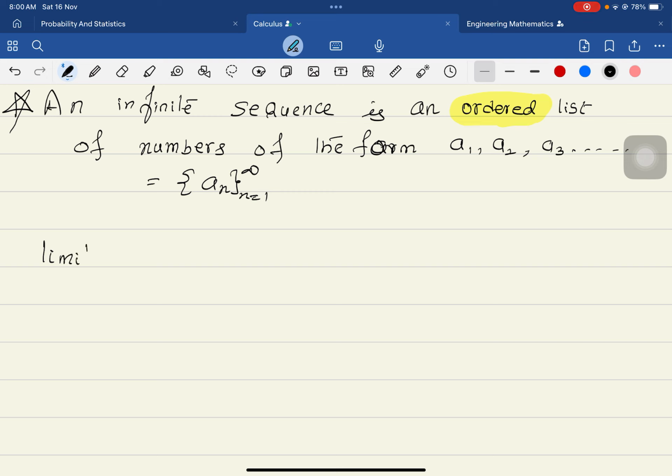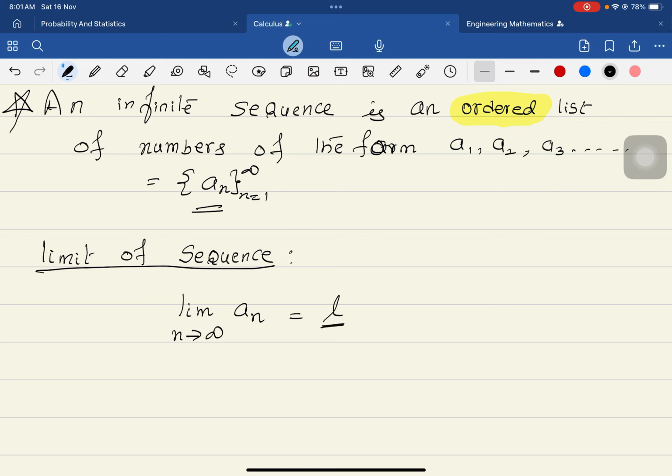The limit: we have to find out where we can stop the sequence, at which number we are going to stop the sequence. Is there any such particular number which stops this sequence? That means, what is meant by the limit is, if I say limit n tends to infinity, the sequence term an is going to a number L, suppose.